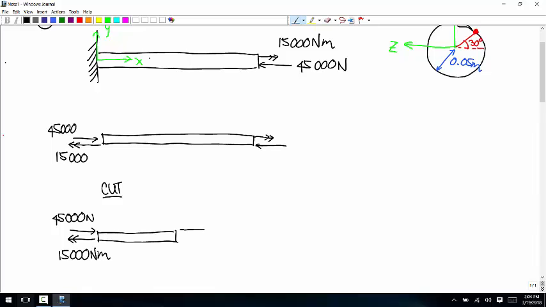And so you have to have a balancing force of 45,000 newtons here. So that's our T. And you have to have a balancing torque of 15,000 Newton meters here. And that's our fancy T. So this is in compression, and then you have that torque.